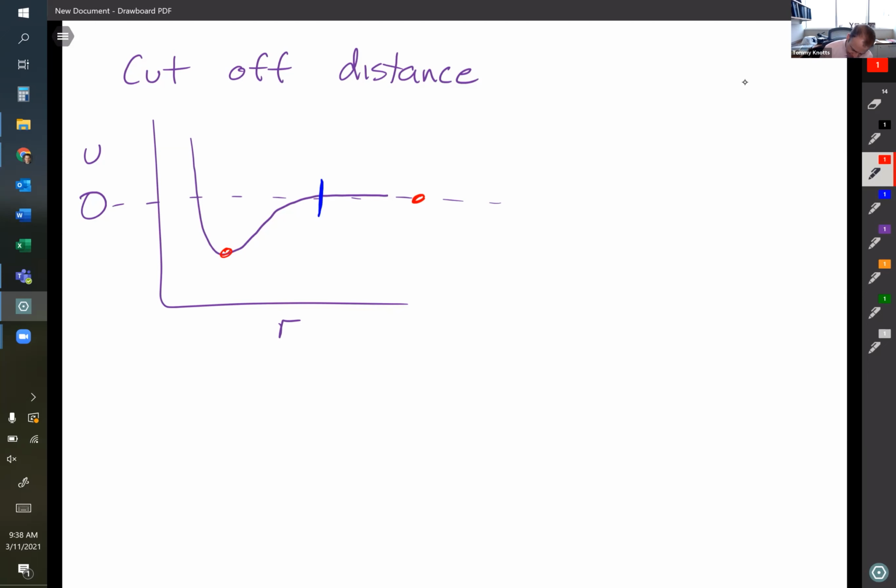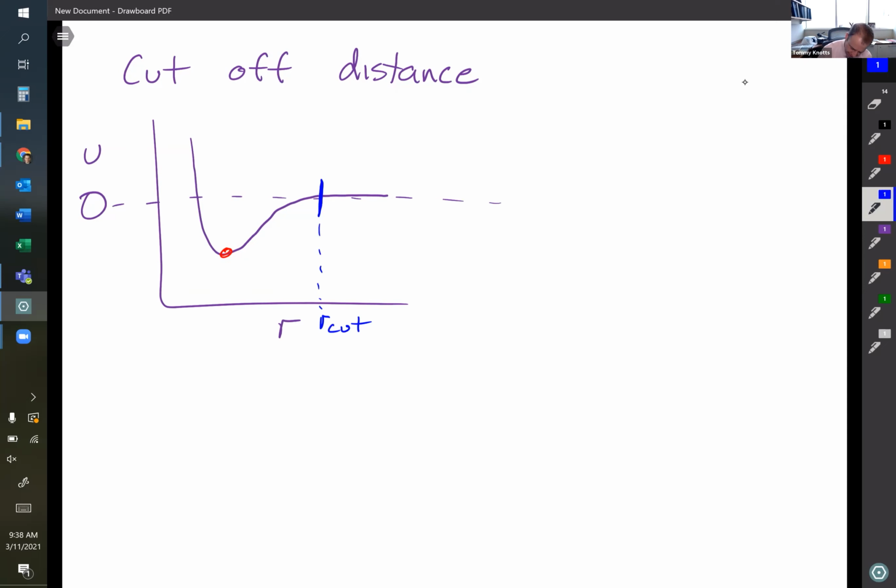So I select a cutoff distance, after which I don't do all those other calculations. I still have to calculate R or R squared, because I can compare R to the cutoff, or R squared to the R squared of the cutoff. But after that, I don't need to do all the stuff like R6, R12, do the U and add it to all the things. And if I'm doing forces, I don't have to do the force calculation either.